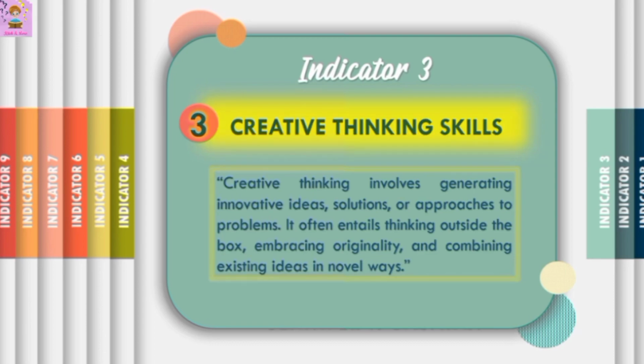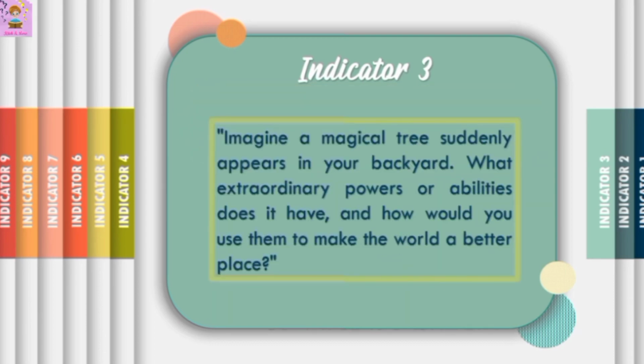For example, this prompt will be given by the teacher to the learners. Imagine a magical tree suddenly appears in your backyard. What extraordinary powers or abilities does it have, and how would you use them to make the world a better place?